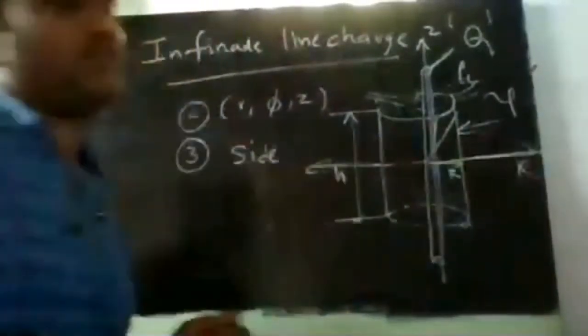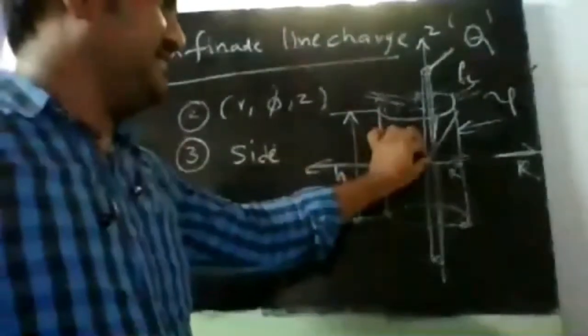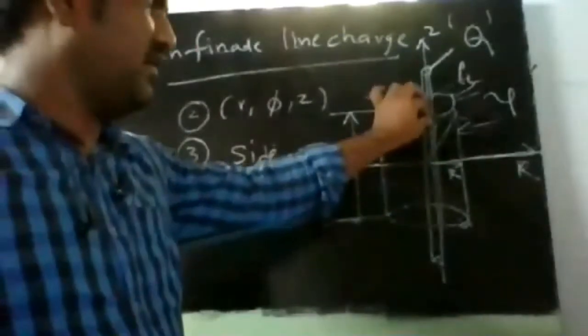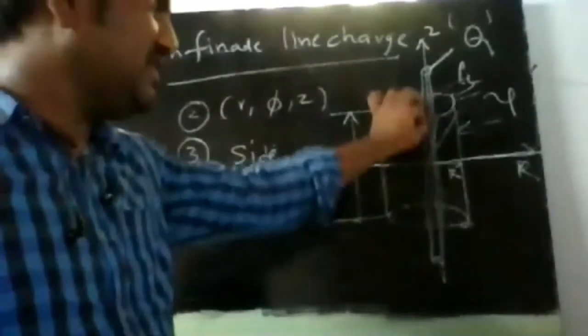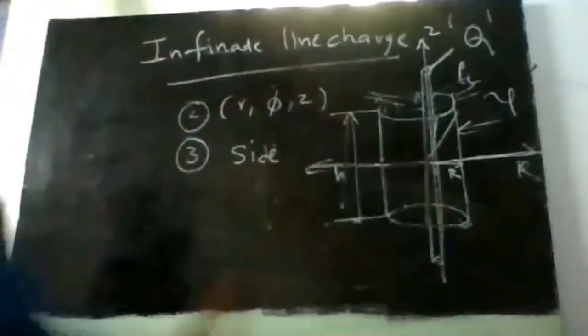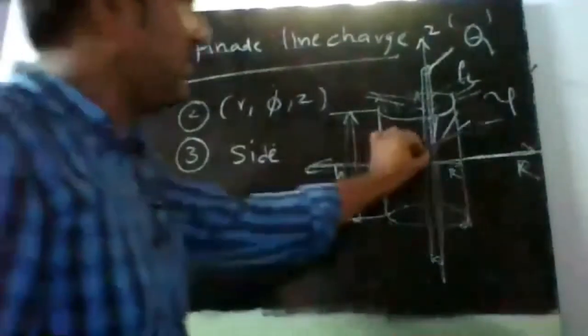This plane, R plane. When it comes exactly like this out of the Gaussian surface, the flux lines that are coming out of this Gaussian surface in this direction or in this direction is what we call normal planes. Understood?